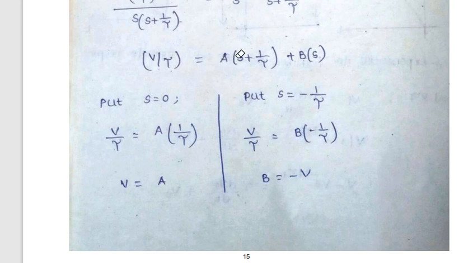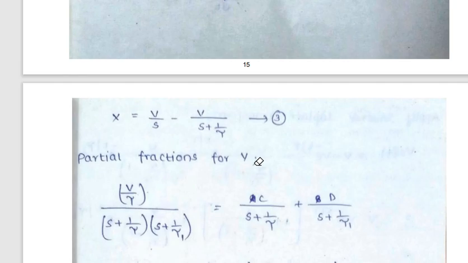When s is equal to minus 1 by tau, V by tau is equal to, this term is 0, therefore B into minus 1 by tau. Tau cancels. Therefore, B is equal to minus V. A is equal to V and B is equal to minus V. Similarly, x is equal to A by s plus B by s plus 1 by tau, that is V by s minus V by s plus 1 by tau, represented as equation number 3.